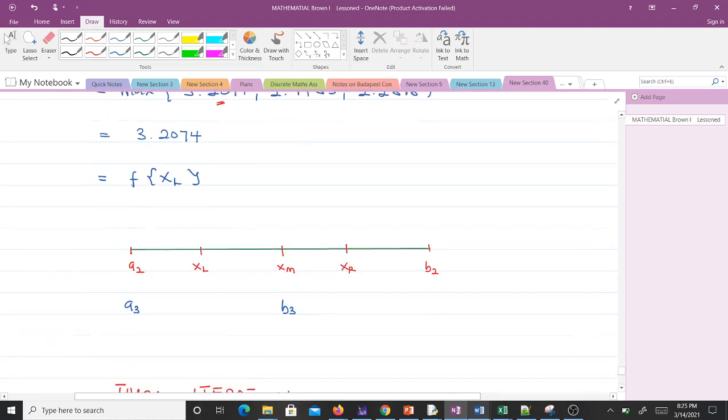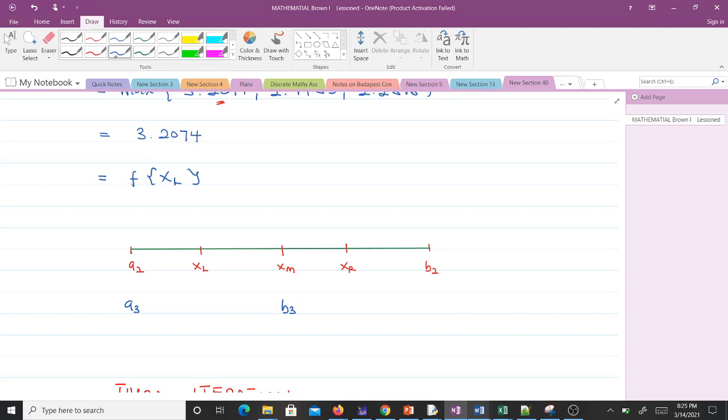So since that's the maximum, that means we will take the 2 points closer towards xl, one to the left, one to the right. That means our new interval now, we'll be interested in this and that. So we discard the whole of this portion. So that means our new A, which is A3, will be A2, and our new B, which is B3, will be XM.